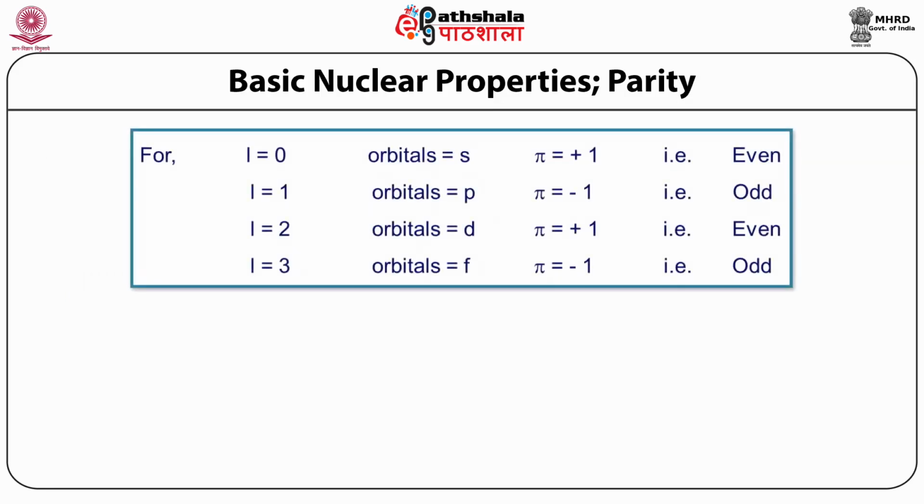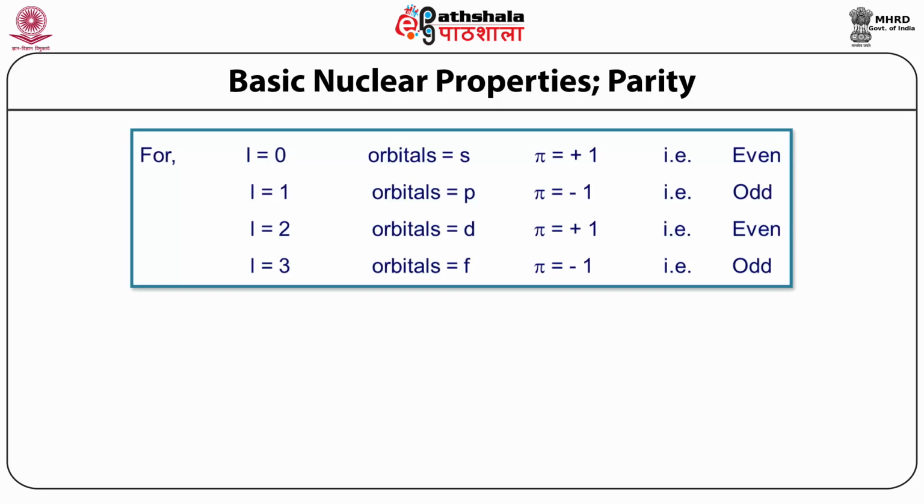So in a nutshell, if we want to see when we can consider the parity as odd and when as even, we find that for L equal to 0, the orbital is S, and we have parity pi is equal to +1, that is parity is even.